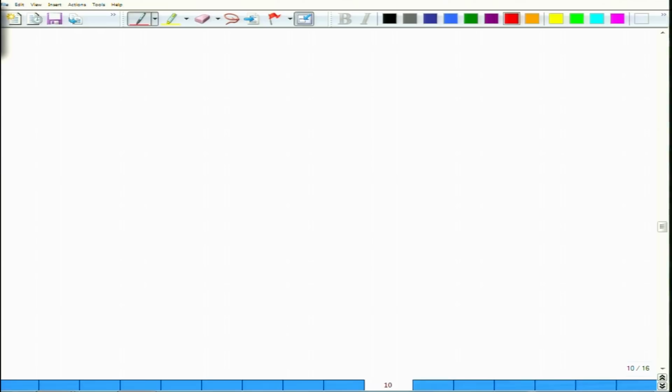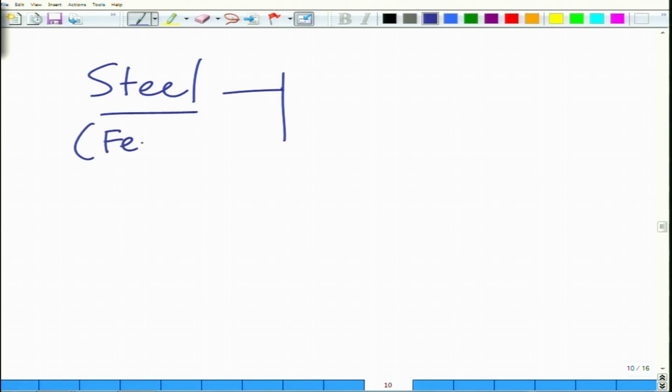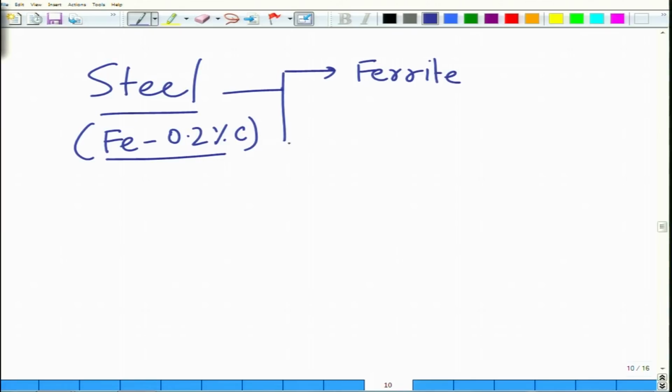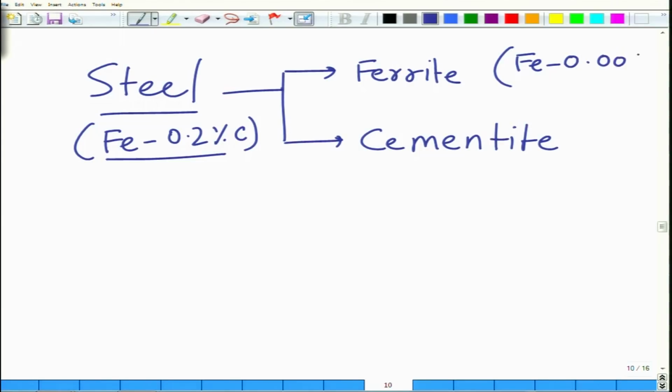In case of, for example, those who know metallurgy, steel for instance at room temperature consists of, so steel is an alloy of iron and carbon, so let us say 0.2% carbon. Okay. It consists of a phase called ferrite and another phase called cementite. So ferrite is iron with a very small percentage of carbon, 0.008% of carbon, and cementite is a compound called Fe3C. These two phases are present in steel.